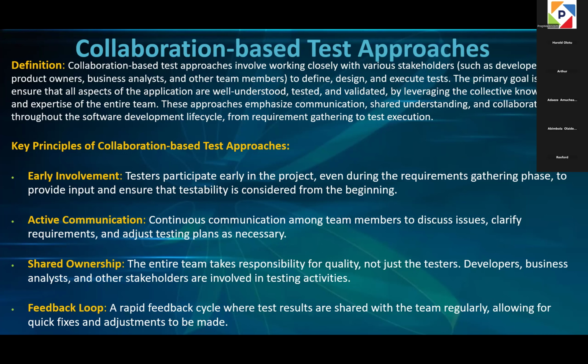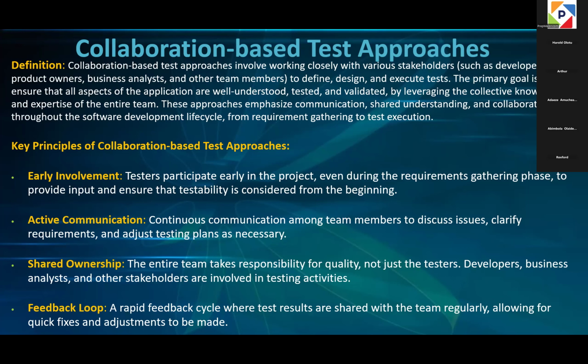So the key principles of collaboration-based test approaches: one is early involvement. Testers participate early in the project, even during the requirement gathering phase, to provide input and ensure that testability is considered from the beginning. Just like what is practiced here, even during backlog grooming, developers are advised to be there.